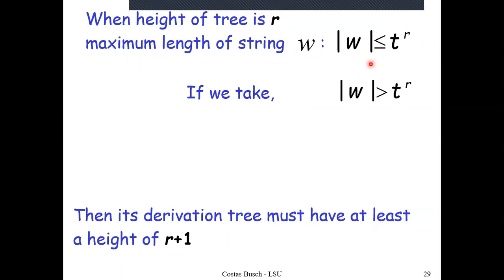Now the converse of this result would be that if there is a string whose length is greater than t to the power r, then I am sure that the height of the parse tree for that string is bounded below by r plus 1. Why? Because if the height of the tree is r, then the length of the string is bounded above by t to the power r. Now I have got a string whose length is greater than t to the power r. It means that the height of the parse tree is at least r plus 1. It can be more, but it is going to be at least r plus 1.